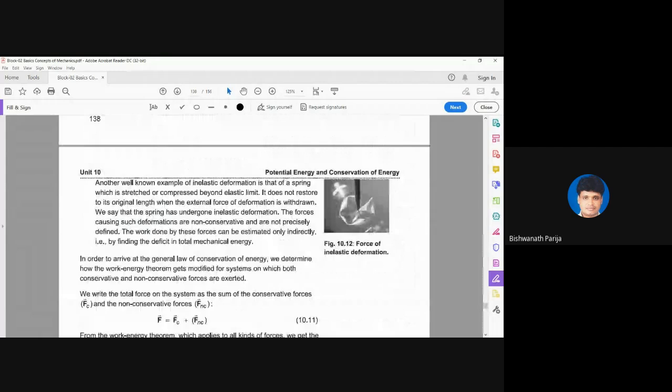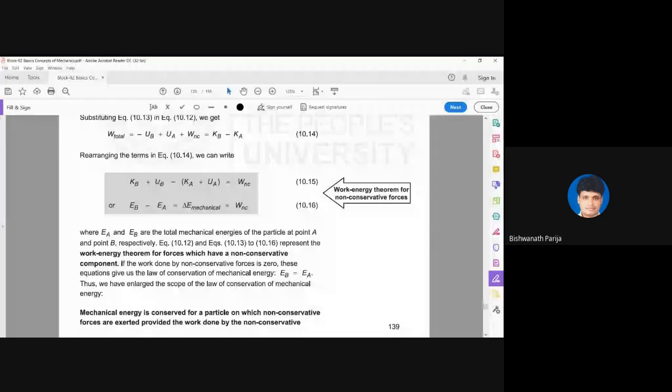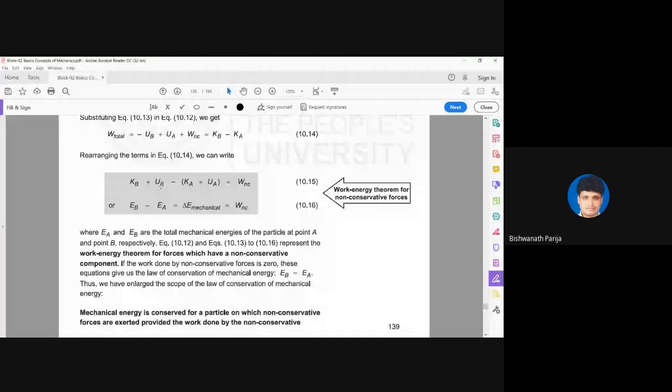So finally you will get this formula again: kinetic energy plus potential energy at position B, minus kinetic energy plus potential energy at position A, equals work done. This is your work energy theorem. Total change in mechanical energy equals work done.